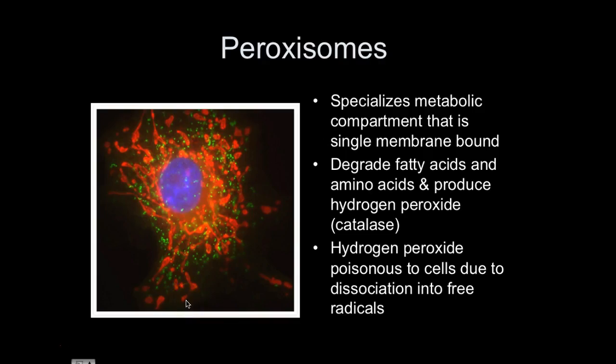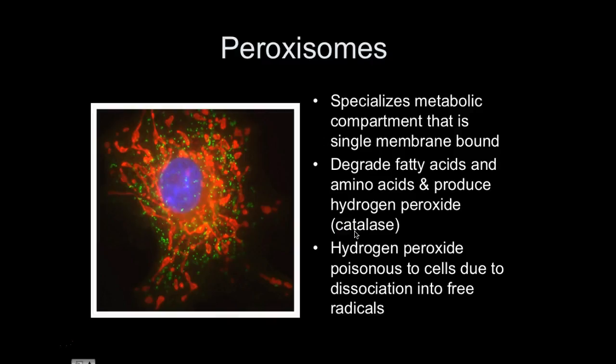The other structure is peroxisomes. Peroxisomes are specialized metabolic compartments bound by a single membrane. Peroxisomes play a role in the degradation of fatty acids and amino acids and produce hydrogen peroxide. Therefore, we have the enzyme catalase, which helps break that hydrogen peroxide down.